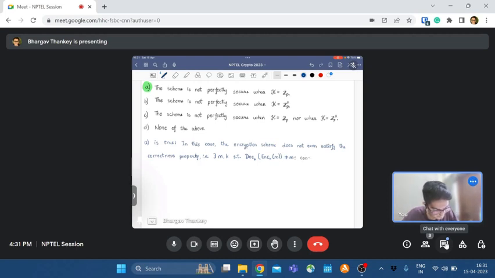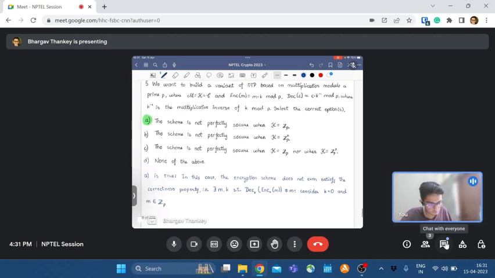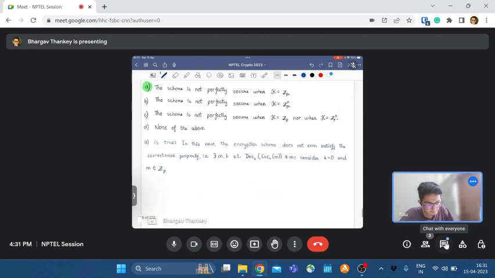Consider k is equal to 0 and m is anything in ZP. K, m, and c are all the same, so if k is in ZP, m is also in ZP.